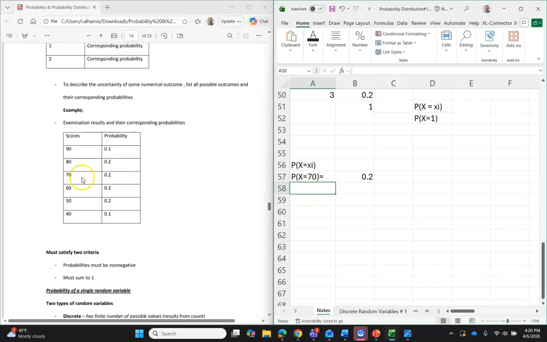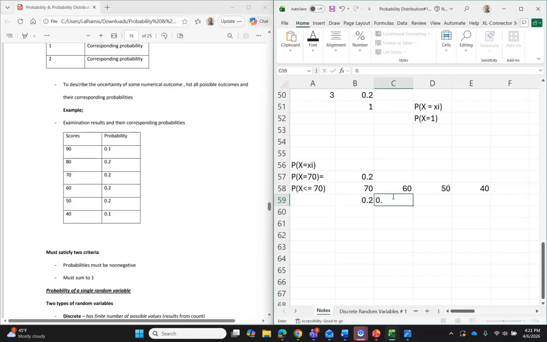So what is the probability of x such that x is less or equal to 70? Here we are considering two things, equal and less. So our values are those equal or less than 70: 70 itself, 60, and then 50, 40. What is the probability of x equals 70? It is 0.2. How about 60?